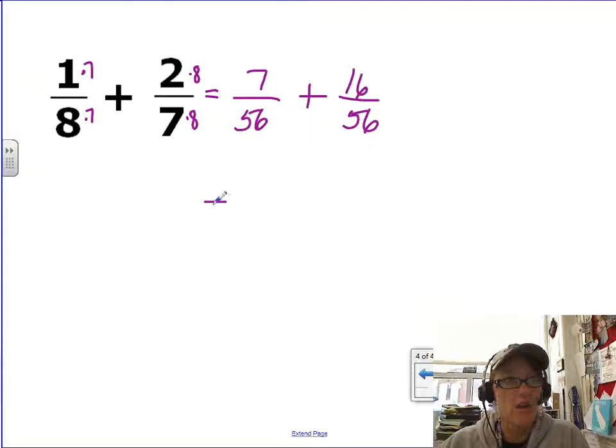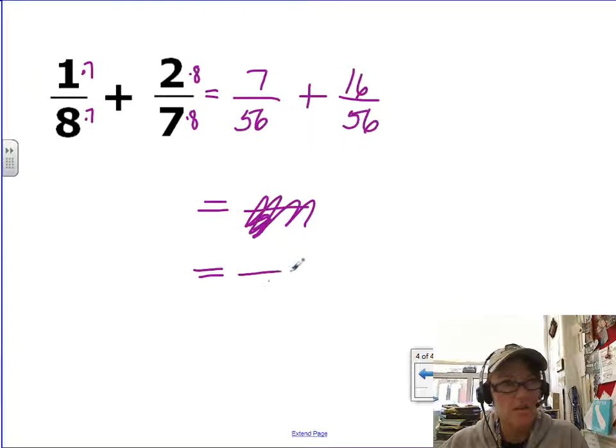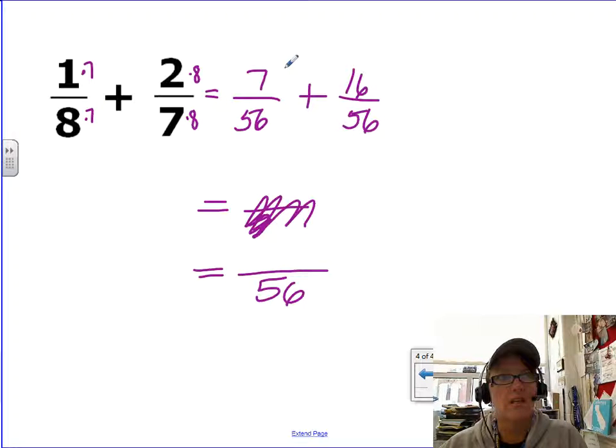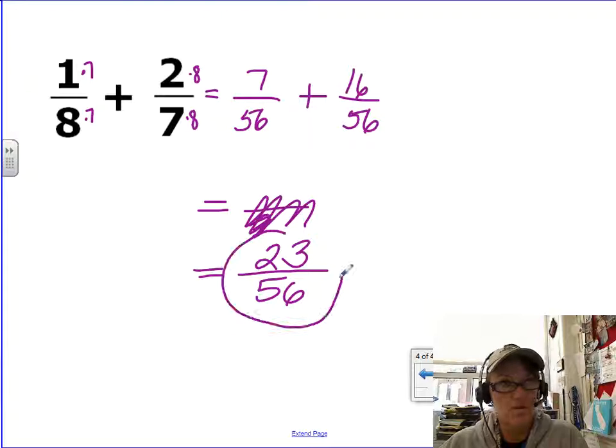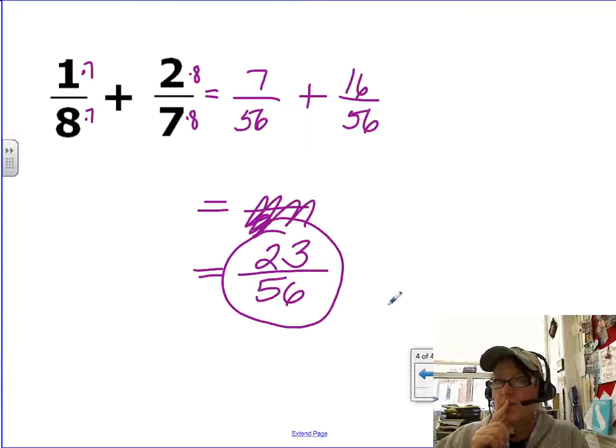Now that I have a common denominator, you know that that's going to be your final answer. Ugh, that's messy here. 56ths. I should erase, but it's a pain to get at the eraser right now. So make this 23/56ths. I should have stopped for a moment and said, hey, is that in simplest form? Look at it for a bit. It is. So you're done.